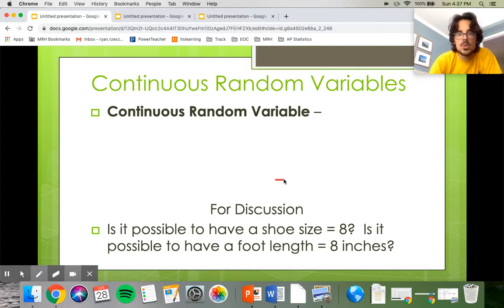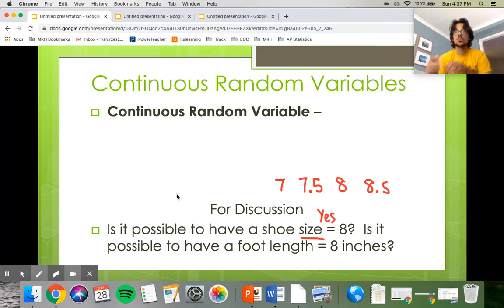When you measure shoe sizes, shoe size is a discrete random variable. You're a 7, or maybe you're a 7.5, or you're an 8, or you're an 8.5. But there are specific gaps between these right here. This is discrete. It is definitely possible to have a shoe size equal to 8. Discrete variables can equal a certain value.